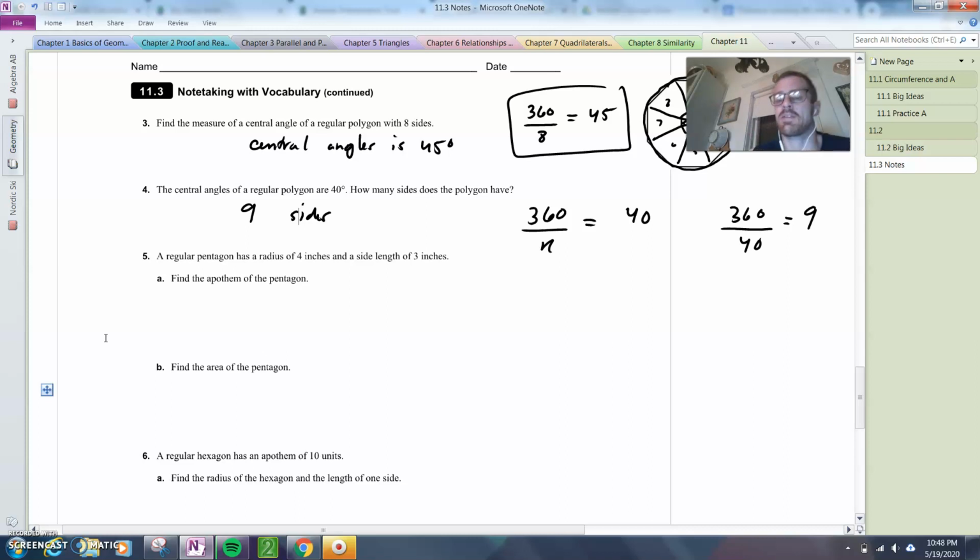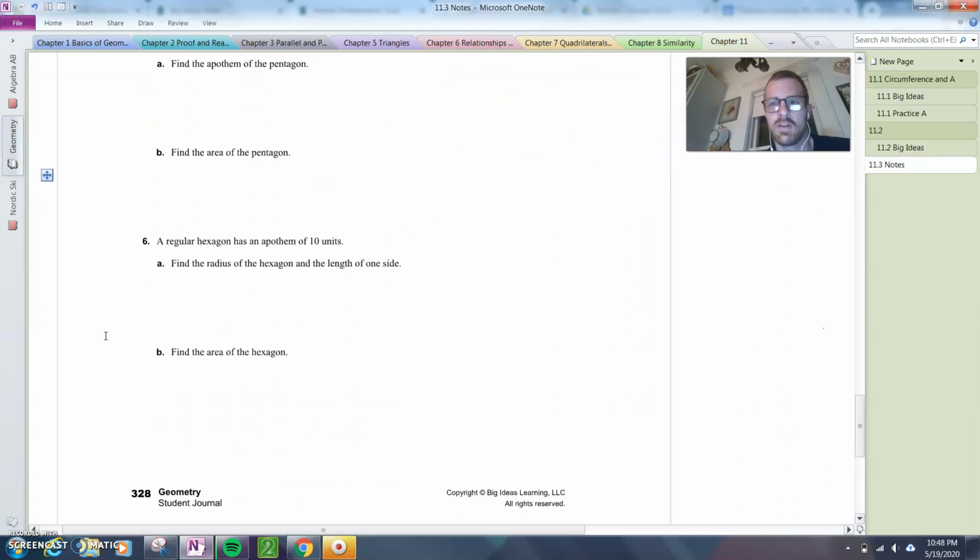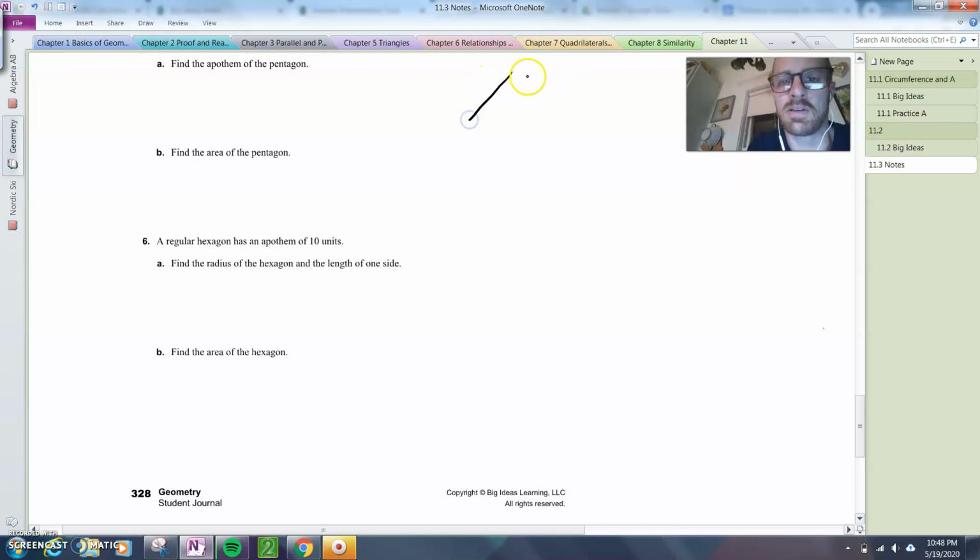What is the apothem? Okay, so let me get a little space here. I'm going to draw a pentagon the best that I can. Not great. I'm going to give that one more try, see if I can do any better than that.